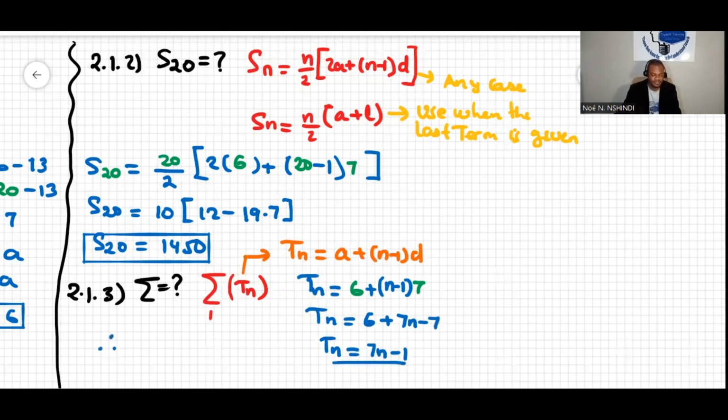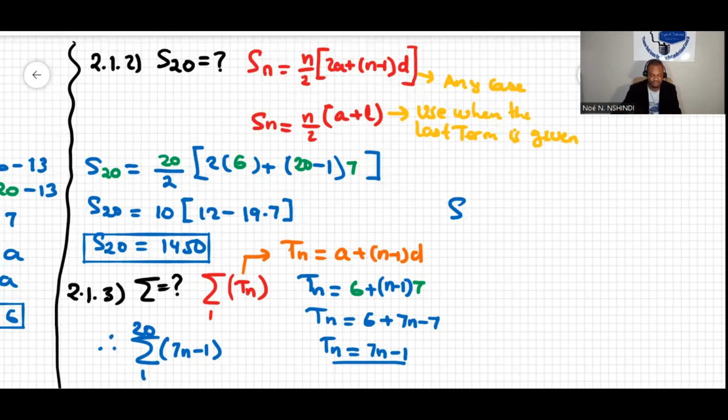Therefore, the sigma notation would be 7n minus 1, n starting from 1 to 20. So this will be the sigma notation of this sum. Let me write it here.